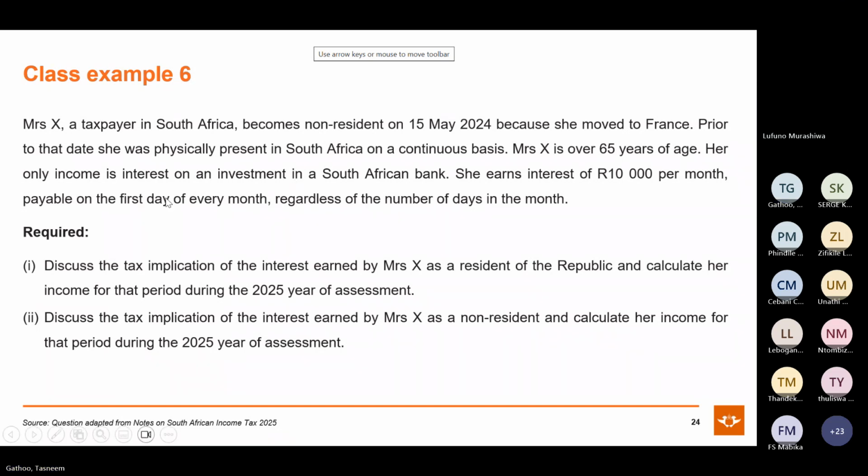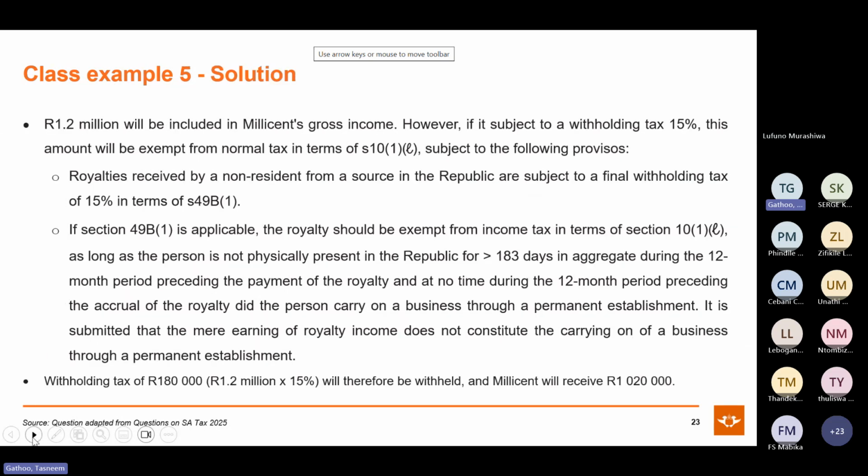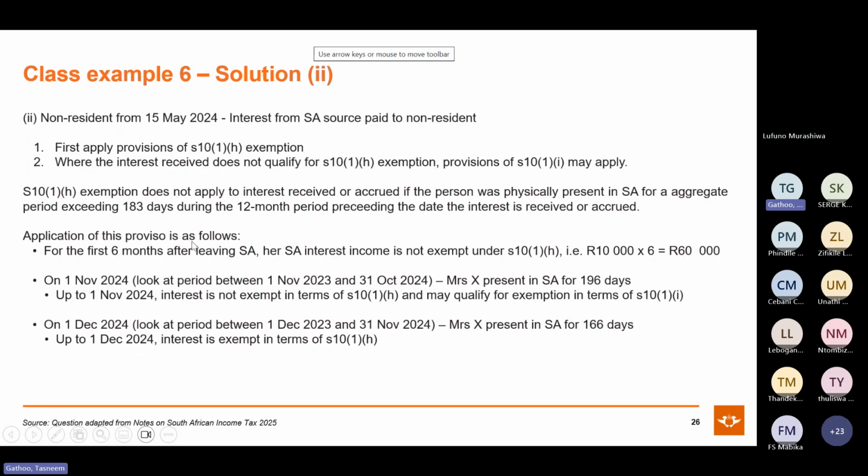So she would have received a payment on the 1st of May. At that point, she was a resident, and then the next payment would have been on the 1st of June, right? So how do we get to start looking at November? If we look at May, remember this 183 days, like I said to you, is 6 months.